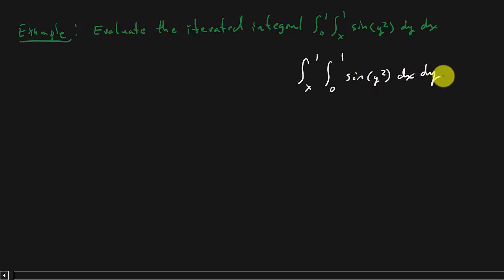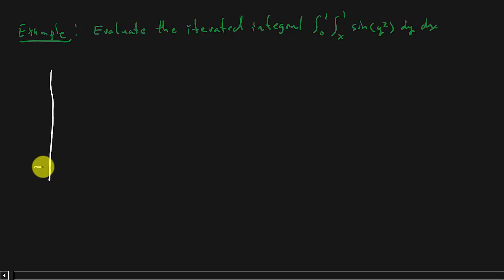No, you can't do that, because remember what I said earlier, there's going to be numbers on these bounds back here. So you can't just swap the integrals. What you need to do is sketch the region.